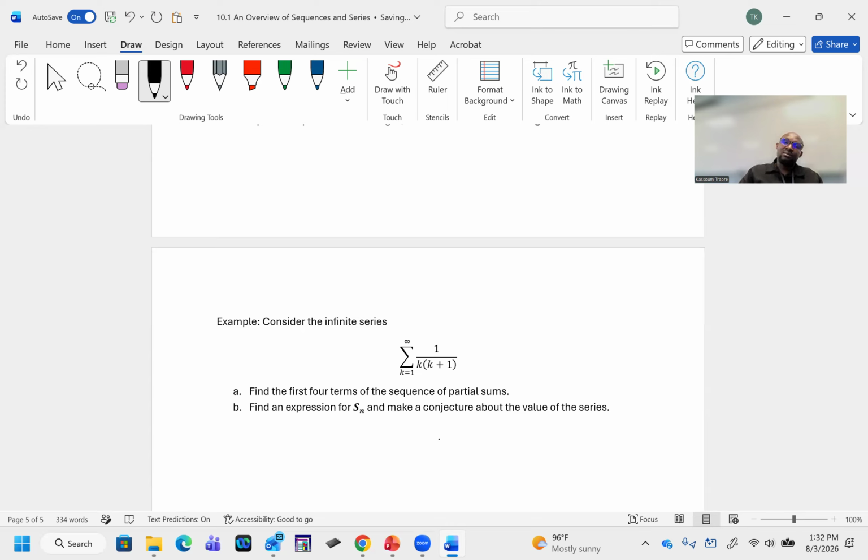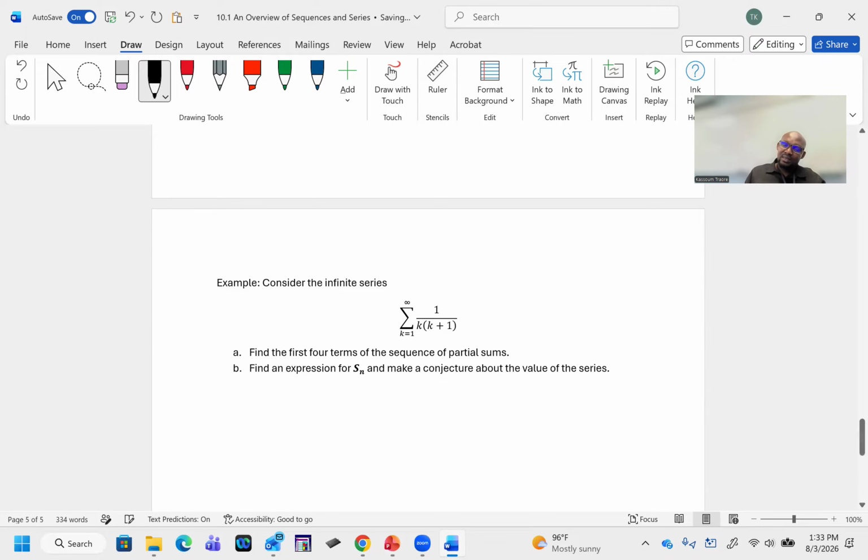So the first four terms, again, let me write my solution. So A, the first four terms of the sum can be written as what?